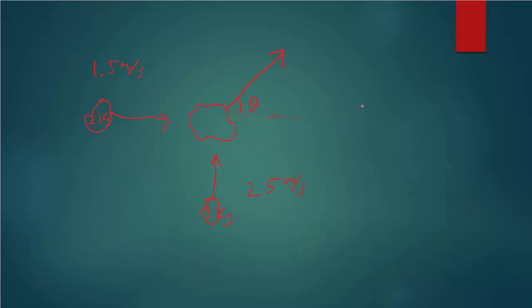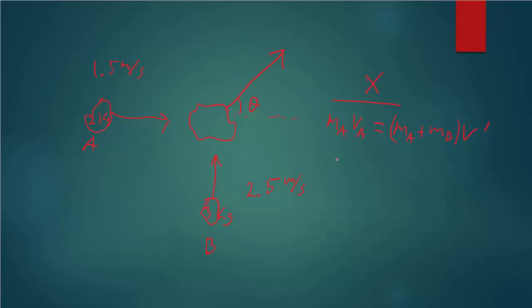So in the x direction, I start out with, if I call this object A and this object B, the mass of A times the velocity of A. Object B isn't moving in the x direction at all, so I can ignore it. And that's equal to the combined mass, because they stick together, mass of A plus mass of B, times what I'm just going to call V prime for the final velocity.